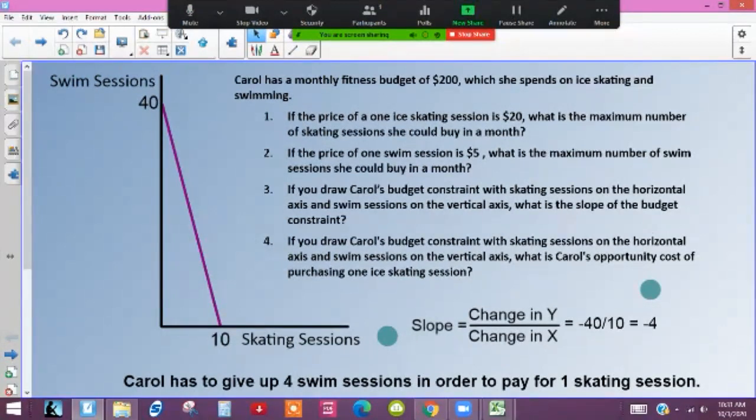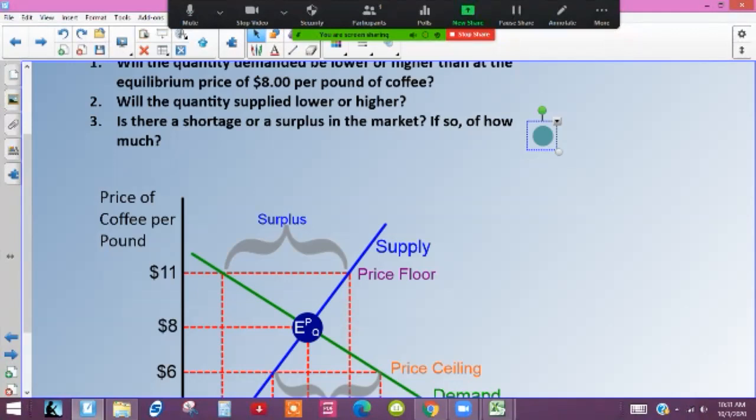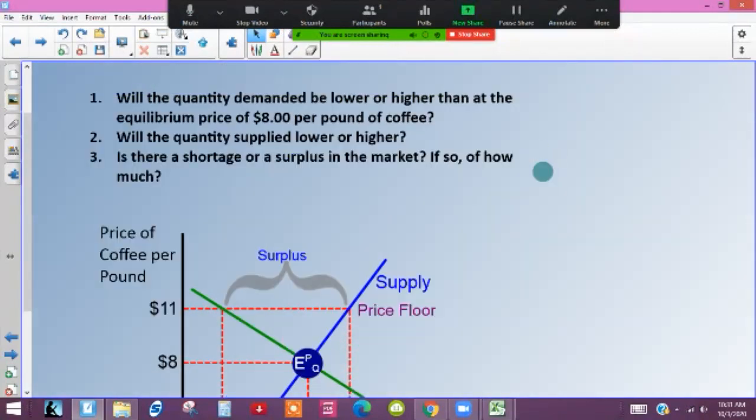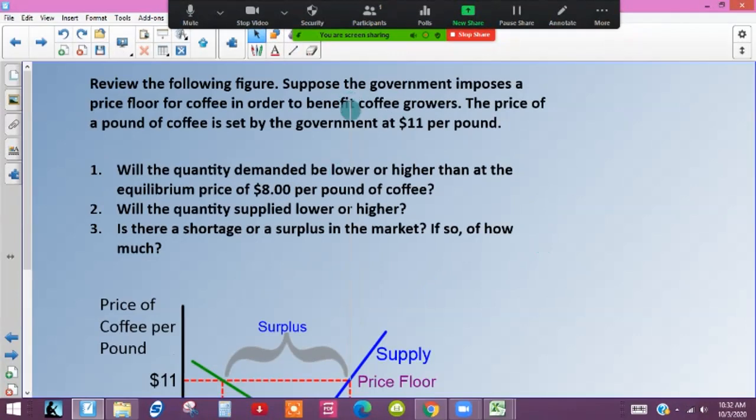Okay. The next one we're going to look at is supply and demand. In this problem, we have a market for coffee, and the government has imposed a price floor.